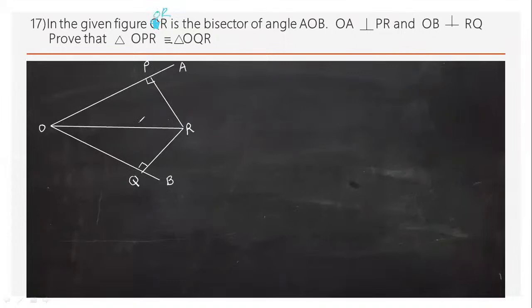OR is the bisector of this angle. By mistake, I mentioned it as QR. If this is the angle bisector, this angle and this angle are equal.